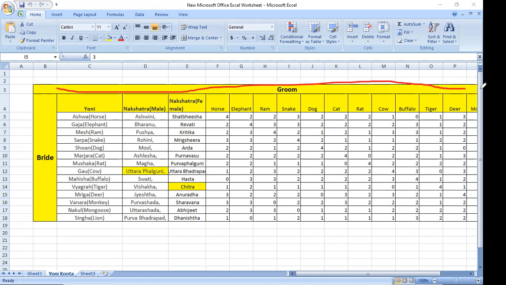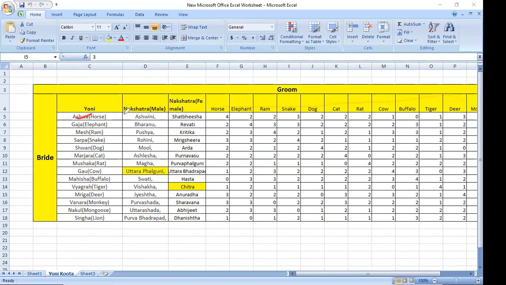You understand the table, how it works. These are the animals, nakshatra male and nakshatra female. The lady has the nakshatra Uttar Falguni, which is a male nakshatra, and the boy has Chitra, which is a female nakshatra. This part is groom, this part is bride. These are the animals, and these are the animals.